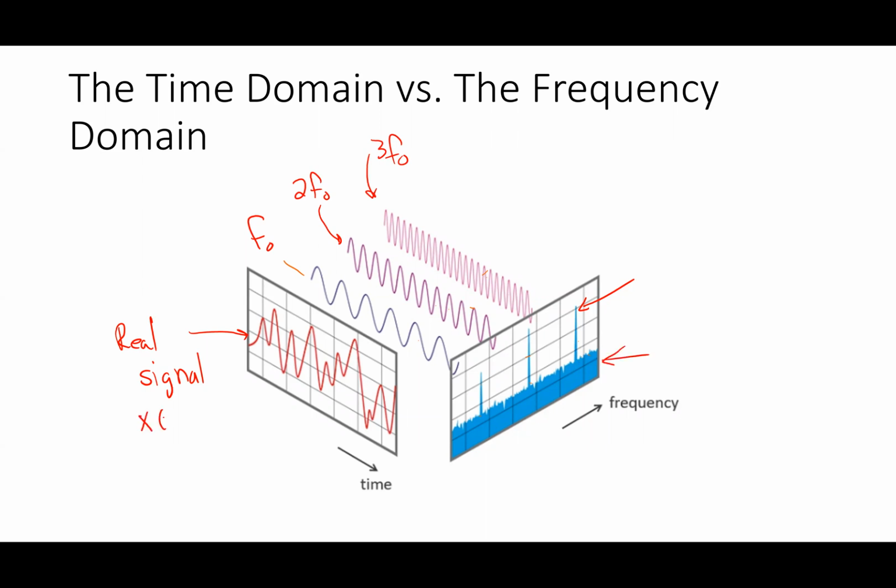Okay, so if I wanted to make a function that represented this real signal, x of t, x of t is made up of, I'll call it this, c1 cosine 2 pi f naught t plus c2 cosine, what would the next one be?